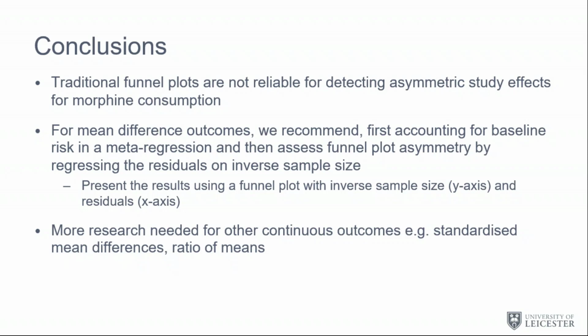Something that's had some proponents in the literature but hasn't got widespread recognition is using the ratio of means. For binary outcomes, we use odds ratios and relative risks more commonly than risk differences in meta-analysis, for reasons of stability. It seems that we defaulted to absolute mean differences for continuous outcomes, and we don't use things like ratio of means.